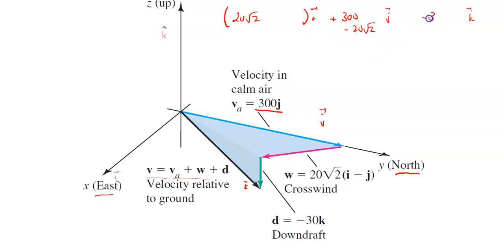And the downdraft is negative 30 in the K direction. So as one vector, the velocity is 20 square root of 2 in the I direction, 300 minus 20 square root of 2 in the J direction, and negative 30 in the K direction. Then if you want the speed, just take the magnitude of that vector.